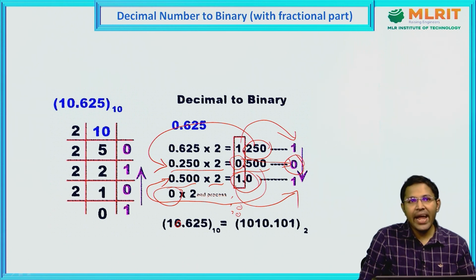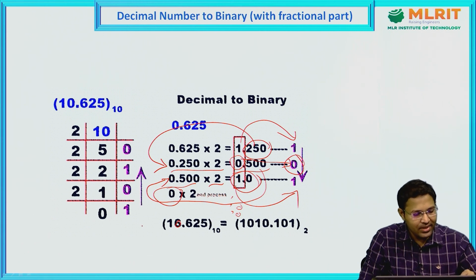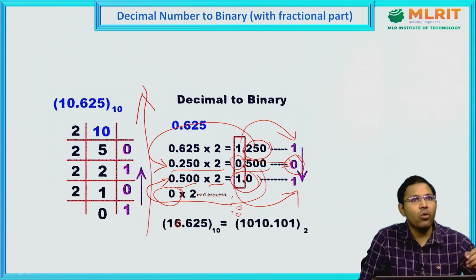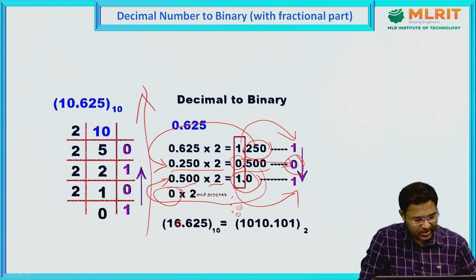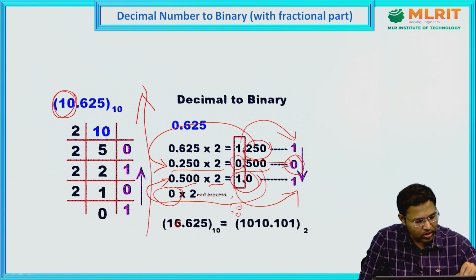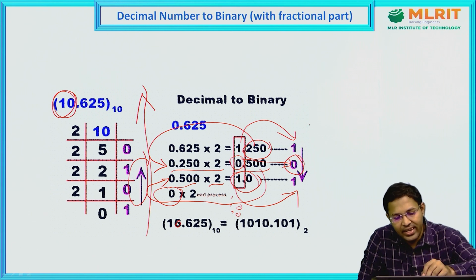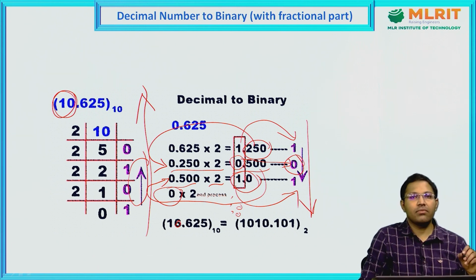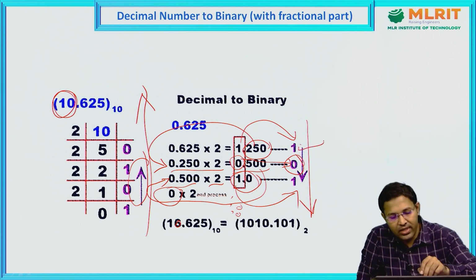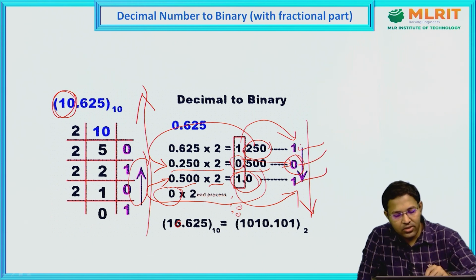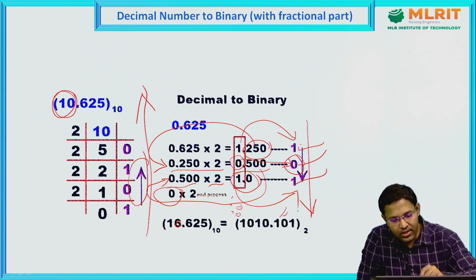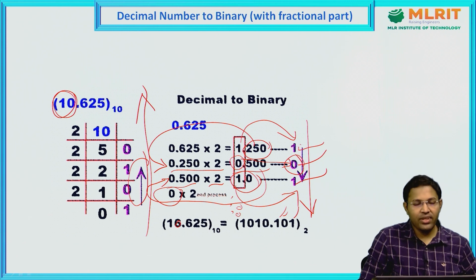In the previous case, for the non-fractional part, we took the approach from bottom to top. For this one, we will take the top to bottom approach. So we have here 1 0 1, and that is the end of it. We are going to stop.